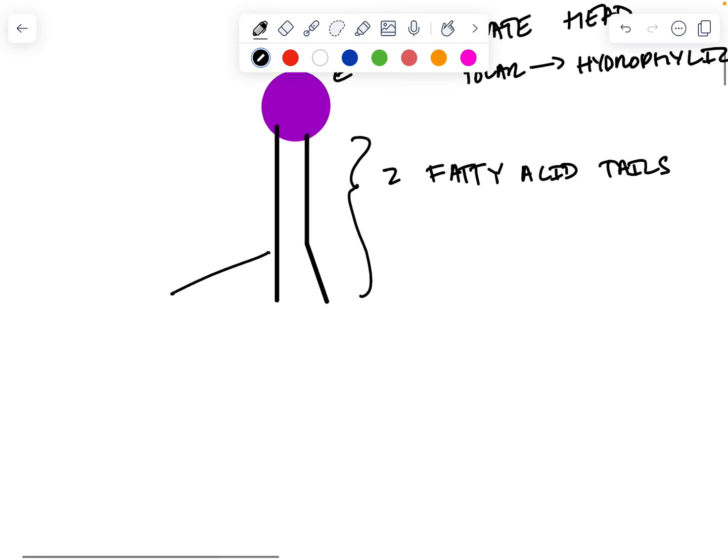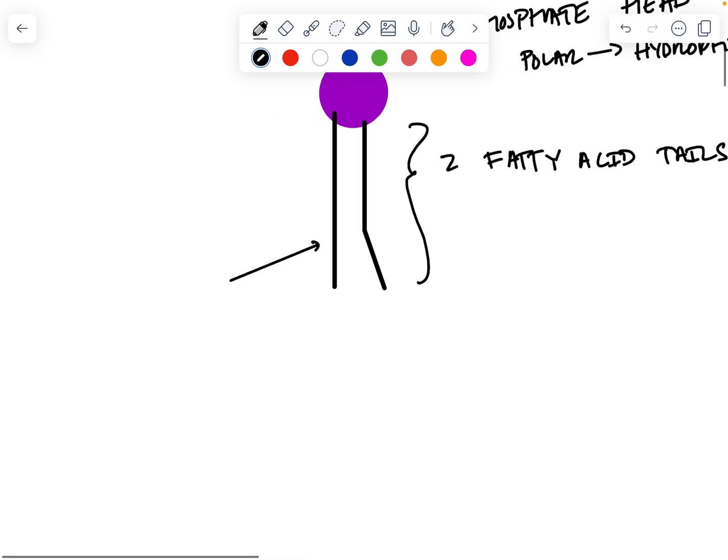The two fatty acid tails, you'll notice one is a straight line. This is denoting that it's a saturated fat. So there are no double bonds in this fatty acid tail. And then the other fat is kinked. So this means that there's a double bond in this molecule, so it's an unsaturated fat.